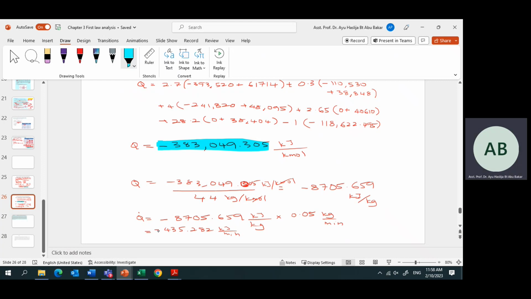Okay, so for Q dot, this is the final answer. Okay, try to calculate it first. Make sure you get the correct figure.